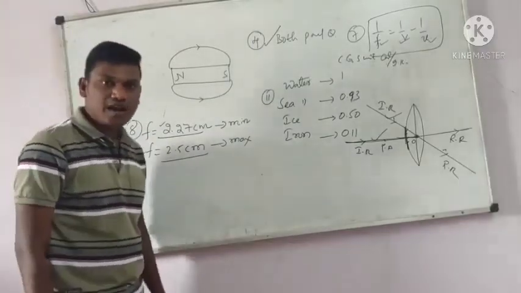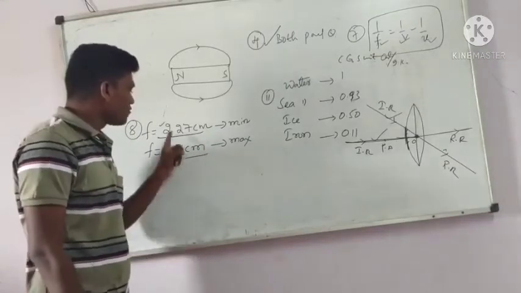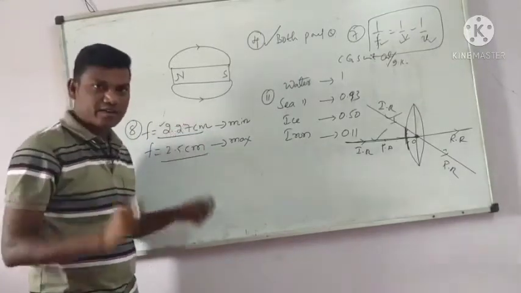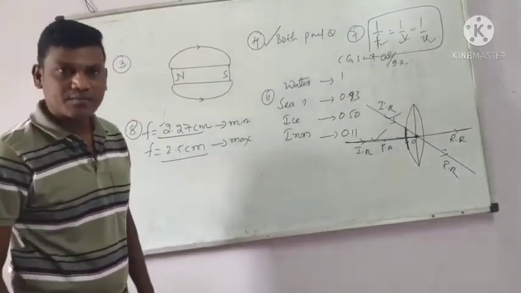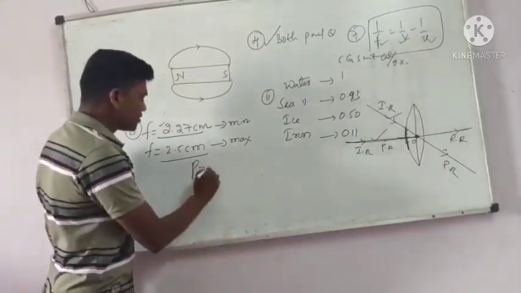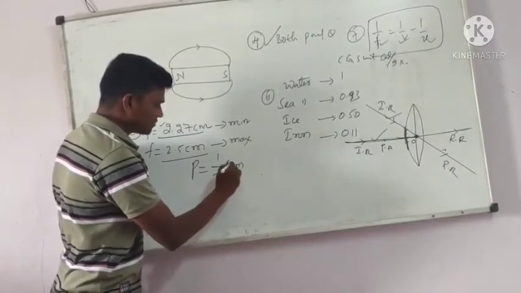At that time our eye is without any strain, but here strain is there. Focal length is less, converging power is more. Focal length is more, converging power is less, because P is equal to 1 by f in meters.